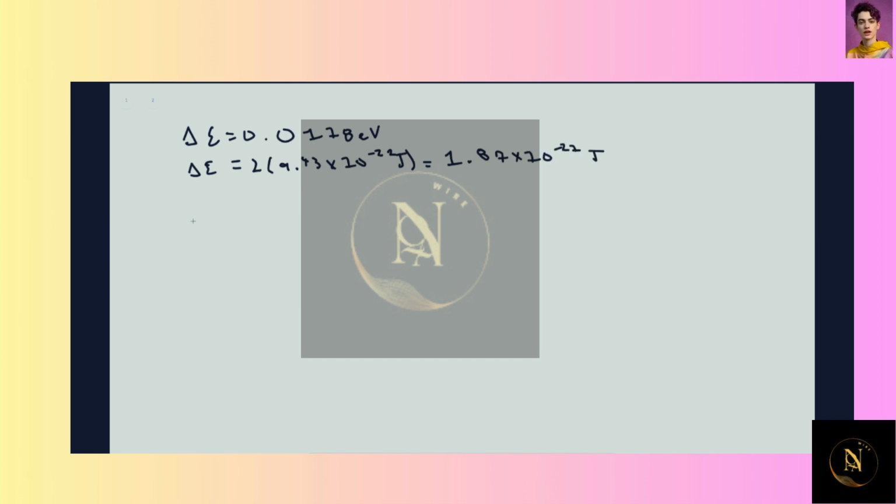All right, so now we can use the relationship that the energy of a photon being emitted due to a transition is just equal to that change in energy.